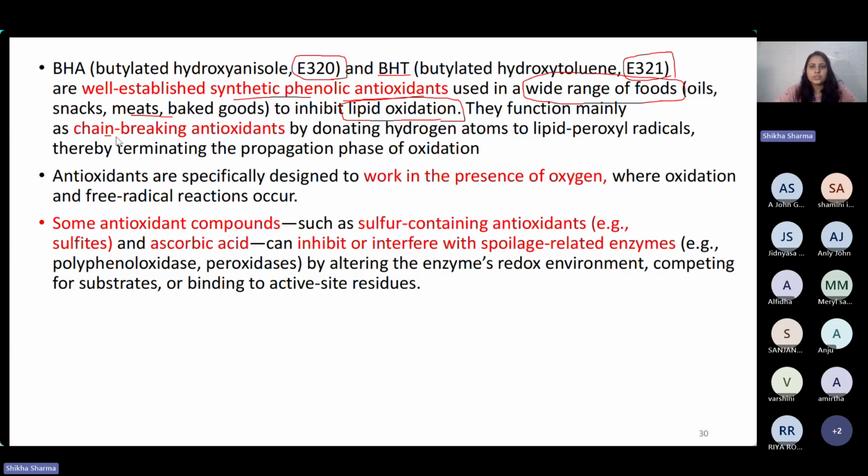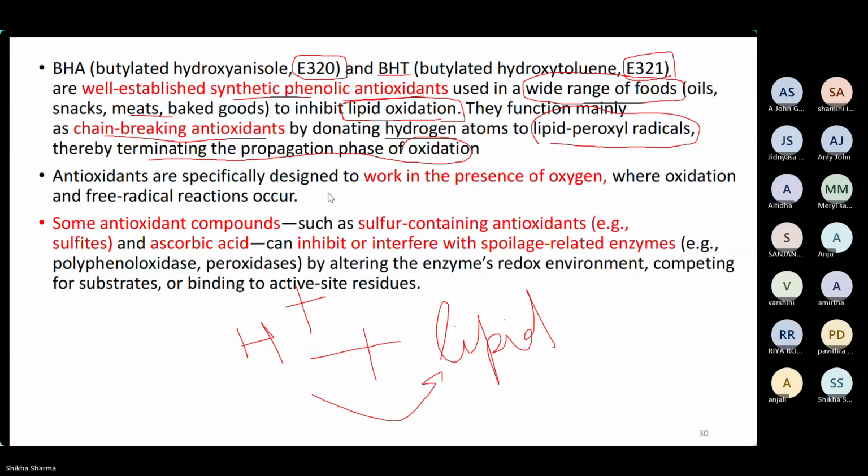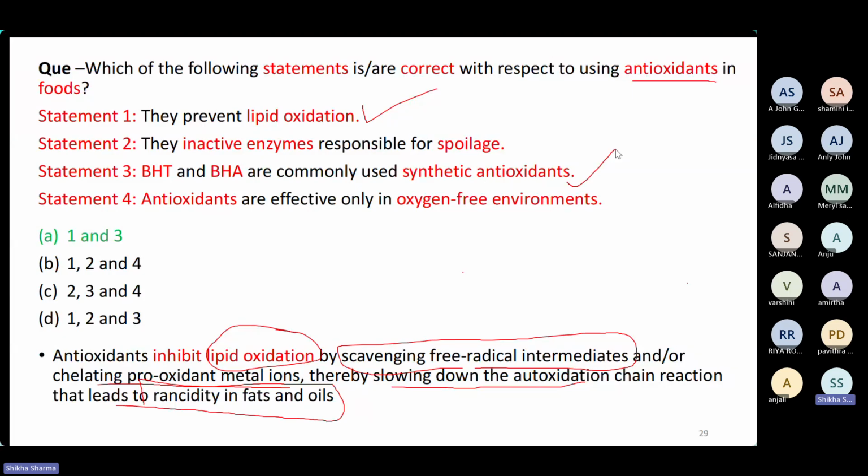They function mainly as chain-breaking antioxidants by donating an H+ atom to the lipid peroxide radicals, thereby terminating the propagation of the oxidation reaction and preventing rancidity of fats, oils, meat or baked goods. So statement 3 is also correct.